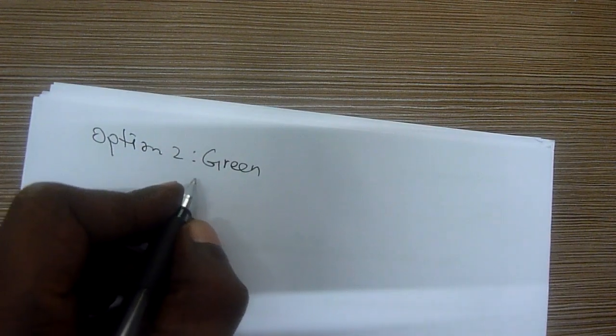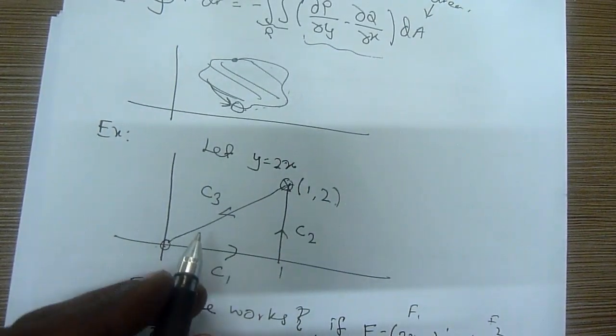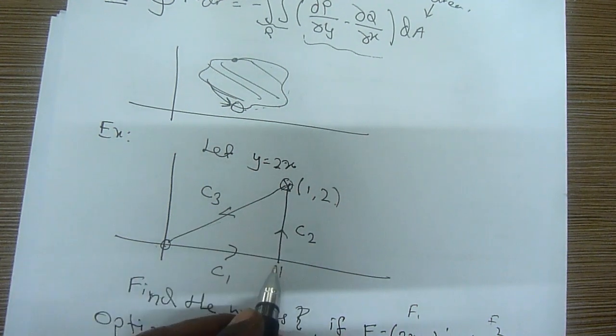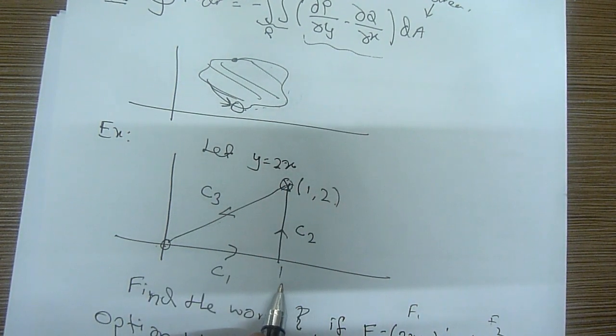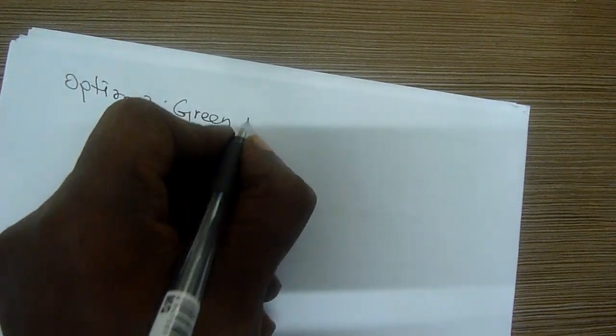Again, you cannot use it for all cases. Students always think they can use Green's theorem for every case. No, Green's theorem is only applicable for a closed loop. If it is not a closed loop, you cannot use it.